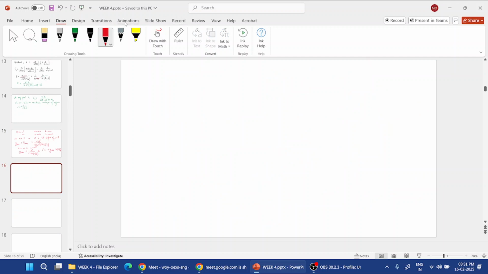This voltage, this V dash is equal to r g max log d by r.